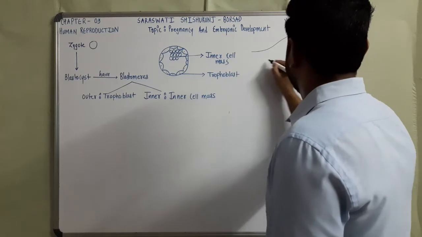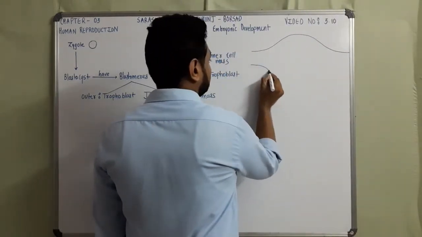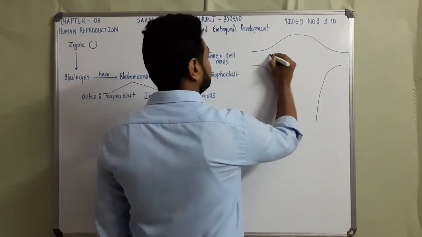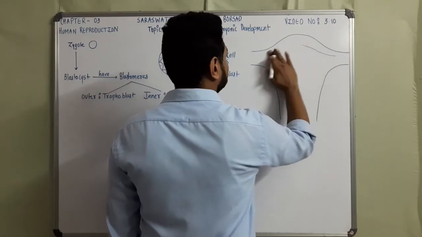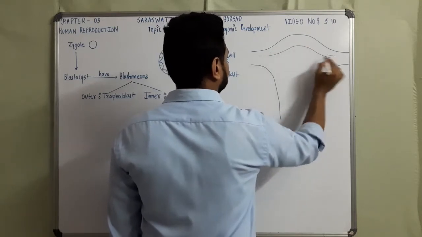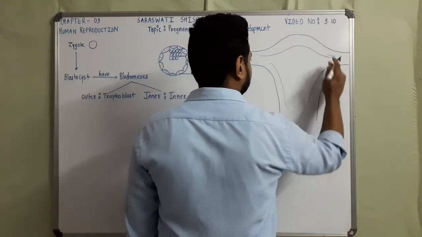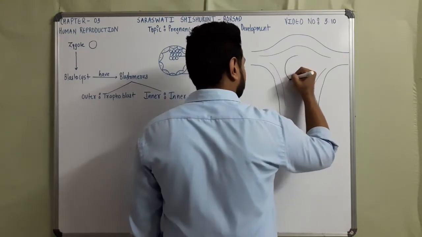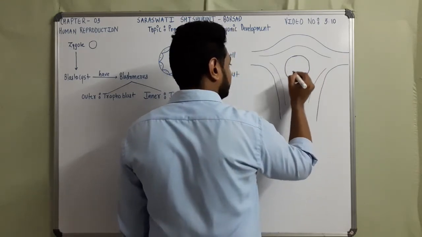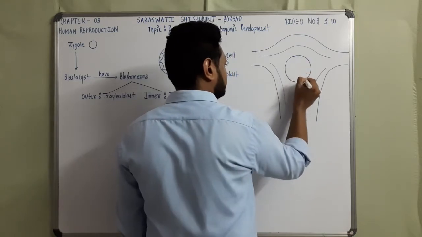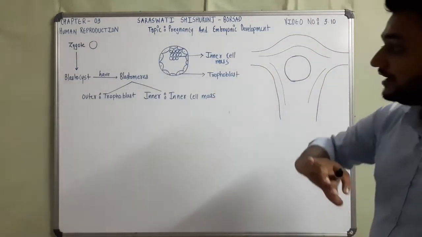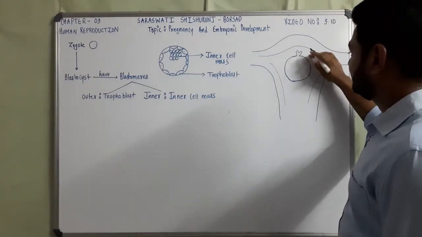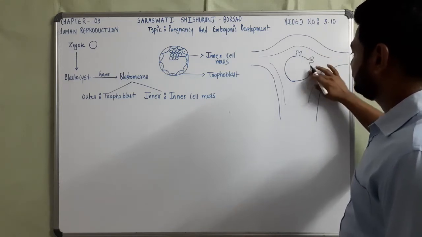So this is, for example, a uterus, right? Now I will show you. This is the outer cell layer, that is trophoblast. Now this trophoblast forms finger-like projections which get interdigitated with the uterine tissue.